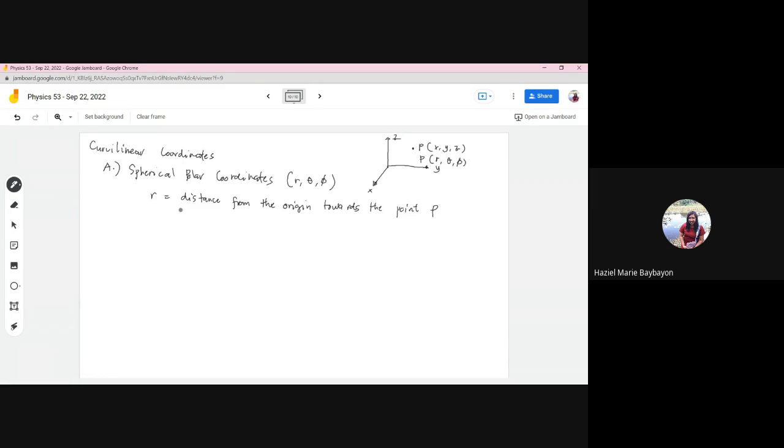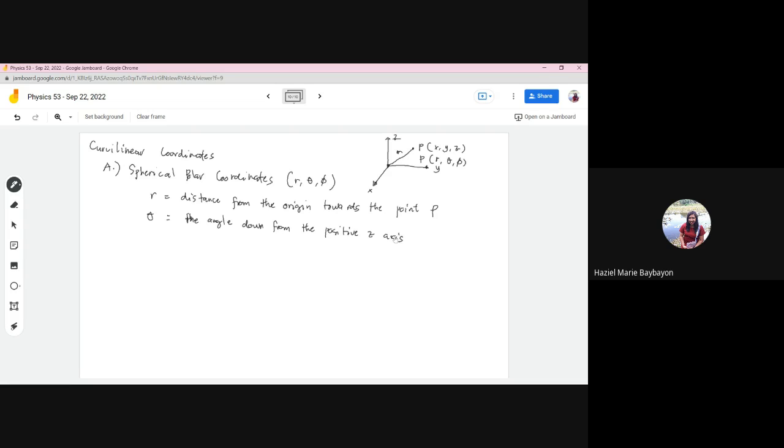So R is the distance from the origin towards the point P. So this is your R. And then theta is the angle down from the positive z-axis. So it can also be called the polar angle. It is the angle down from the positive z-axis.